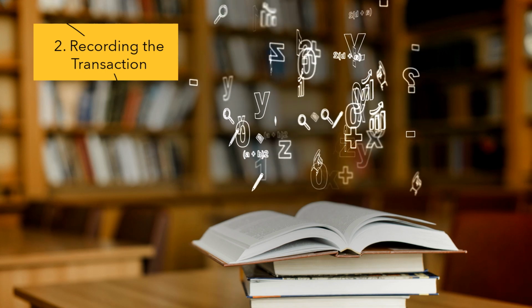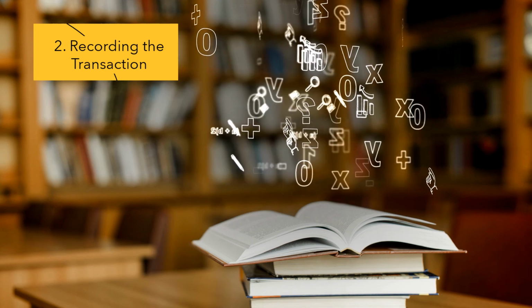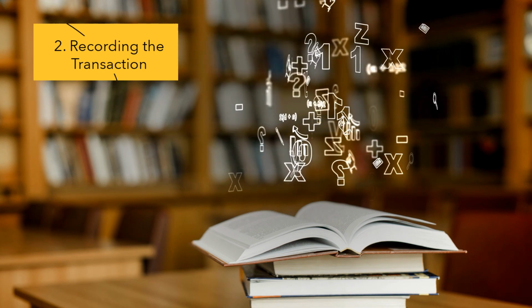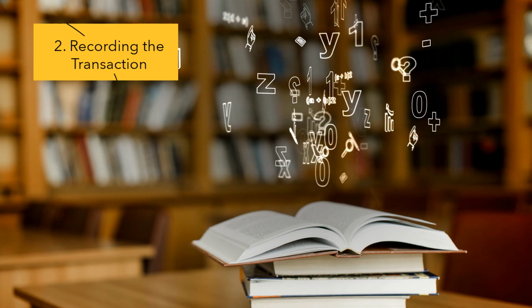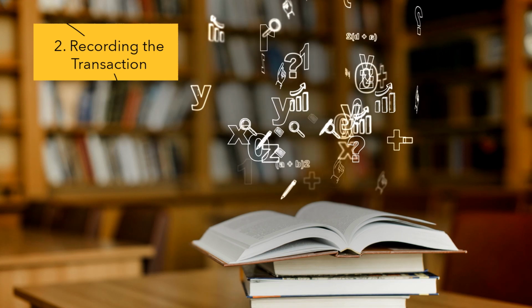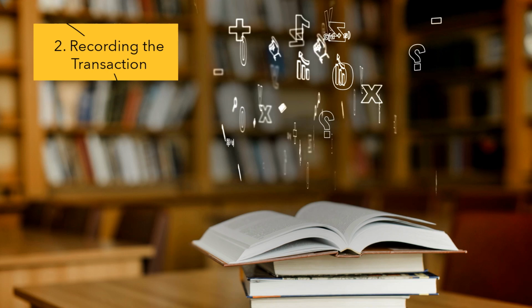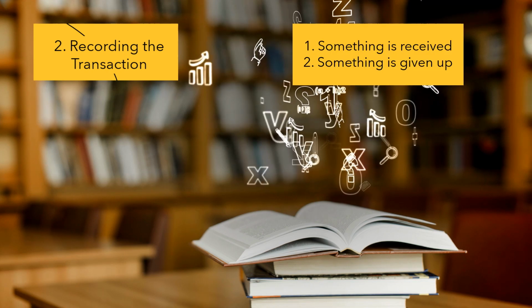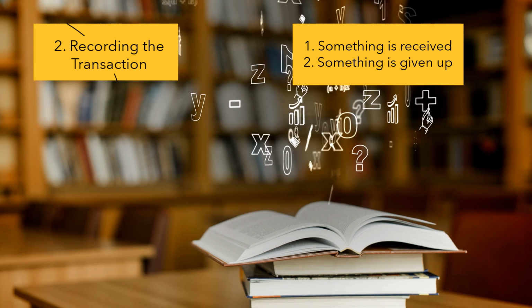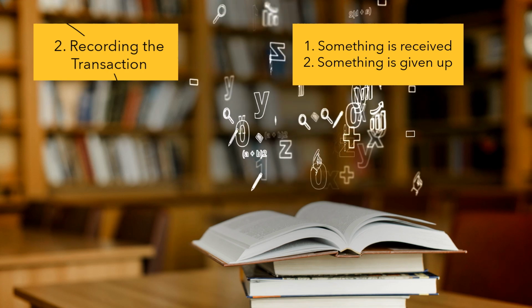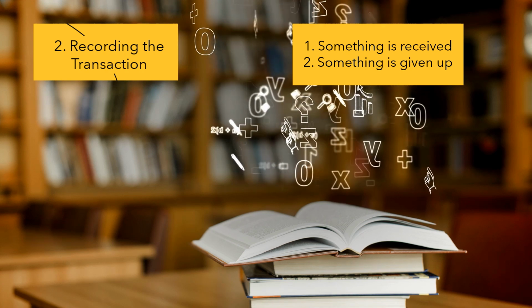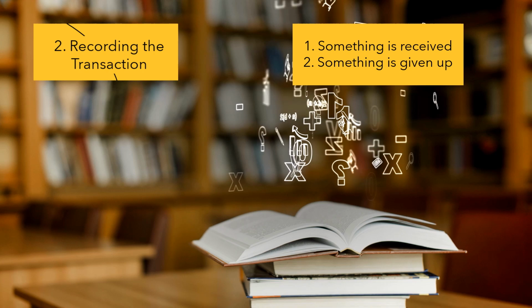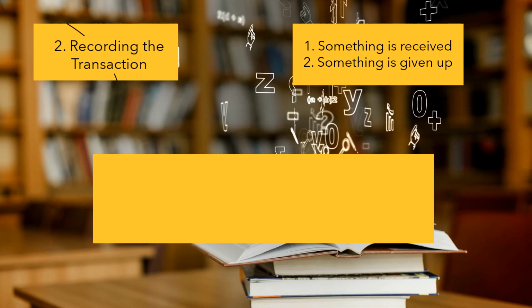The journal is the first book we use. Journal entries work on a double entry system, where two things need to take place. Something is received and something is given up. In this case, you receive 200 shirts and you give up 20,000 Rand.